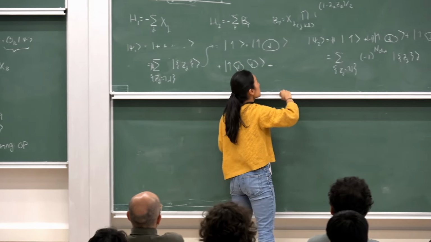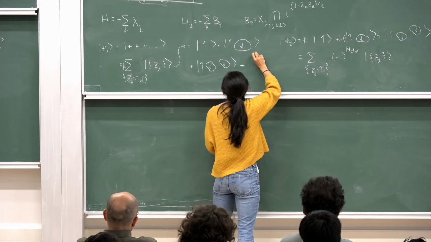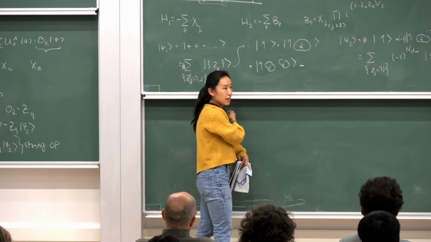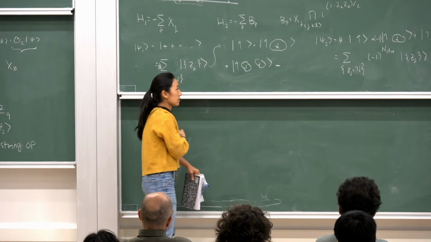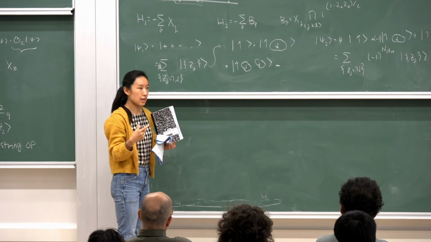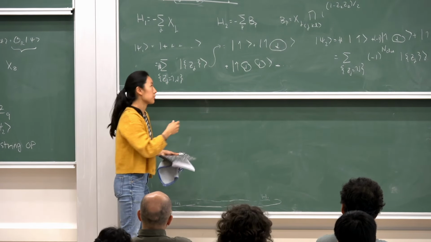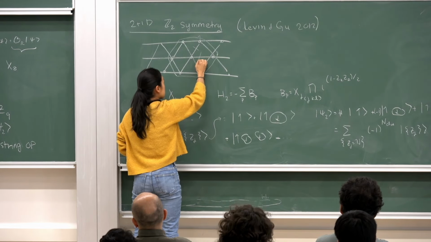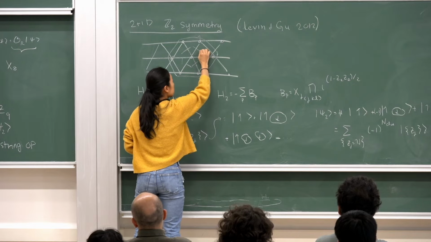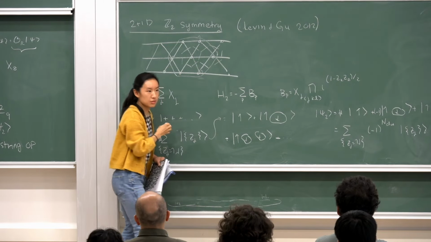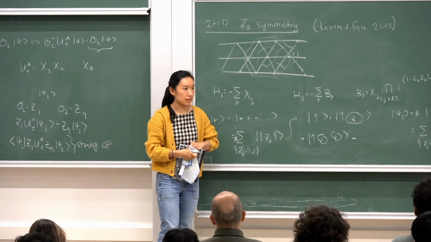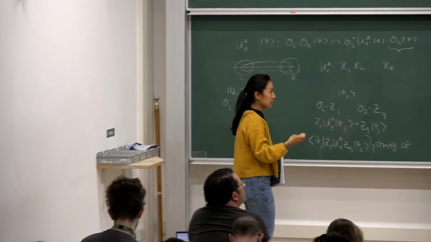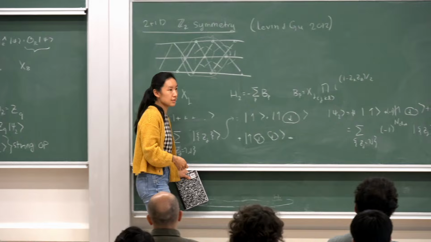If you gauge the symmetry in this phase given by this one, you'll get a double semion or twisted Z2 gauge theory. When you write down string net models, it's convenient to work on trivalent lattices because then you can implement the fusion rules. And you can see that the dual lattice here is trivalent, so that will be convenient when you gauge the symmetry. But indeed, you could also define it on more general lattices.